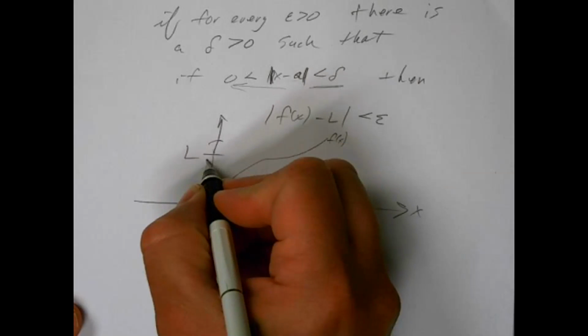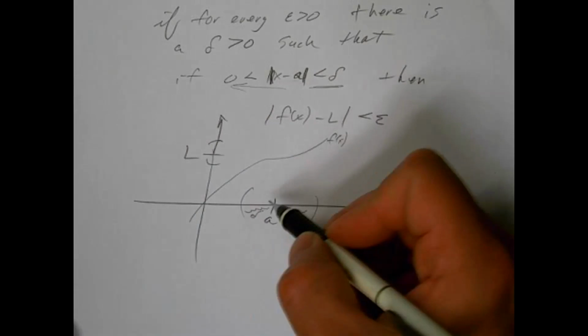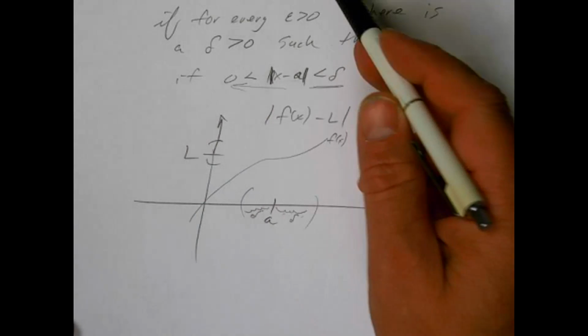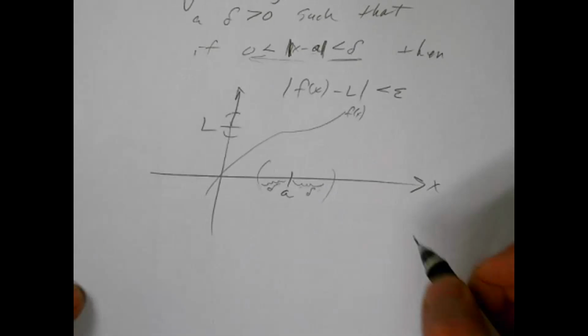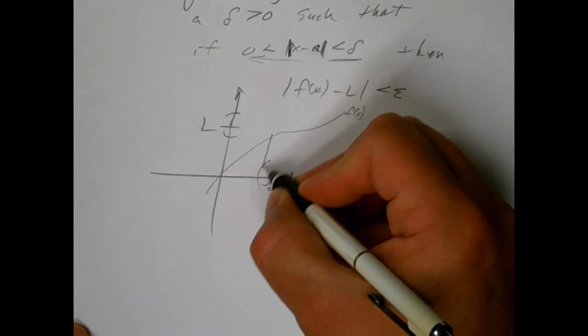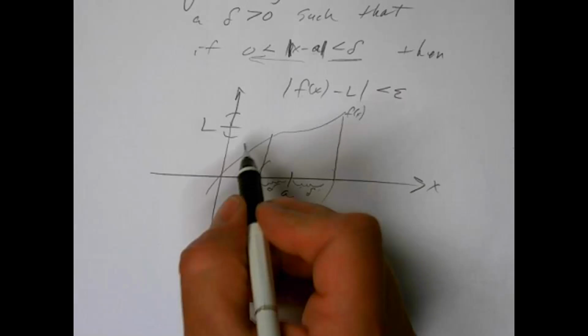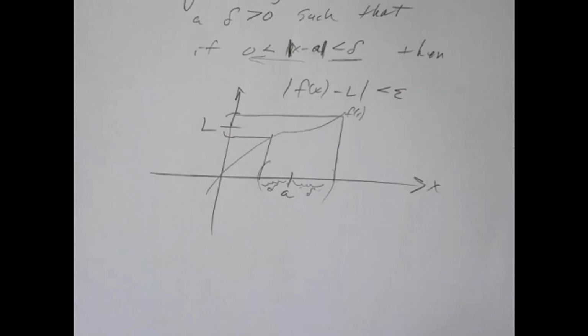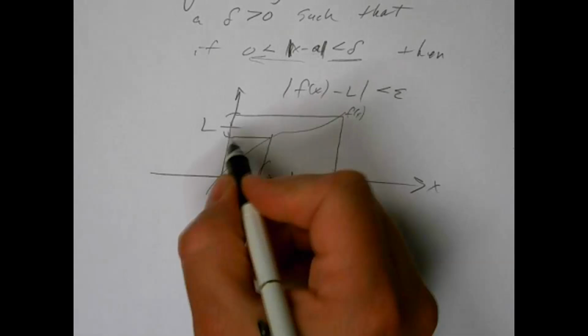Epsilon is establishing an epsilon neighborhood around L, which basically means that if the function's limit is L at this a value, then if you set up a neighborhood of x values, that will create a neighborhood of y values. If your x values stay in here, then your y values will stay in there.